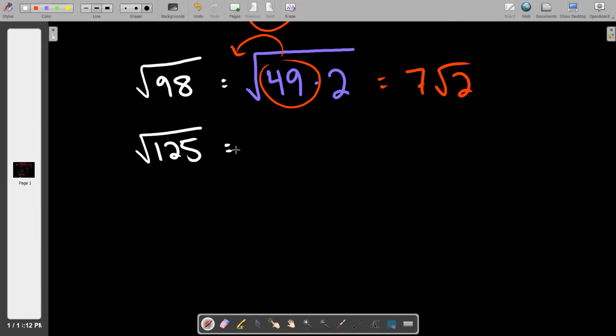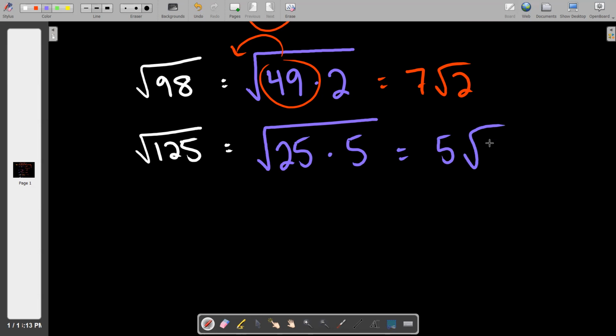And if I can, you might wonder, why am I talking about this? Because a quarter is 25 cents, and 25 is rad because it's on the red list, right? So I ask you, could you make $1.25 out of quarters? How many quarters would it take? 5. Wonderful. So that tells me that I can take the 125 and break it into 25 times 5. Exactly, 5 root 5. I call that quarter math.